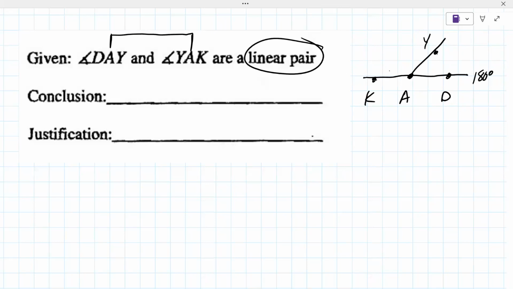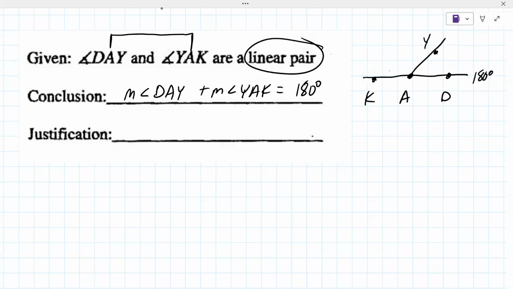So what do you know about a linear pair? I've kind of hinted at it over here on the right. It makes 180 degrees. Yes, but what specifically makes 180 degrees? Two angles. The measure of those angles. The measure of angle DAY plus the measure of angle YAK equals 180 degrees. So notice that that's different than saying that they make a linear pair.